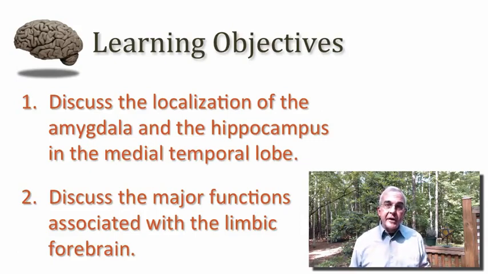But you'll also see that in a different tutorial here in Unit 6, I'm talking to you more generally about the neurobiology of emotion. And since much of the limbic forebrain pertains to the brain systems that are involved in emotion and in related aspects of cognition, these topics will be elaborated in more depth in that particular tutorial.